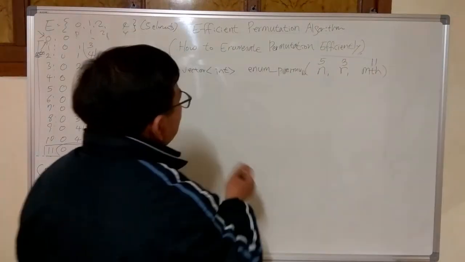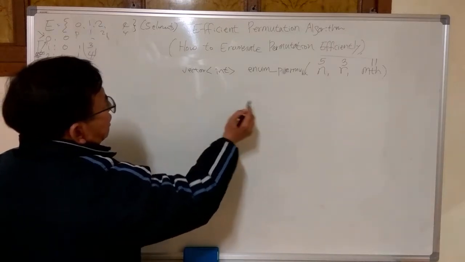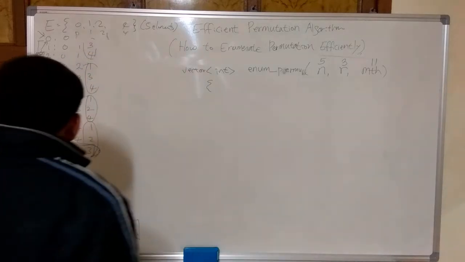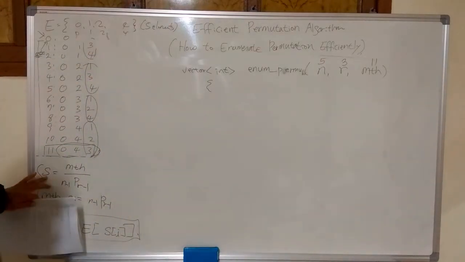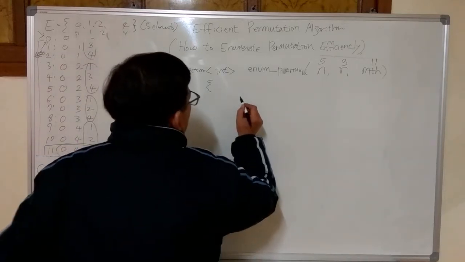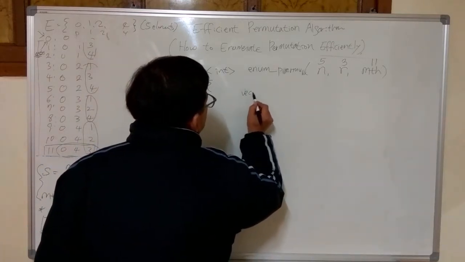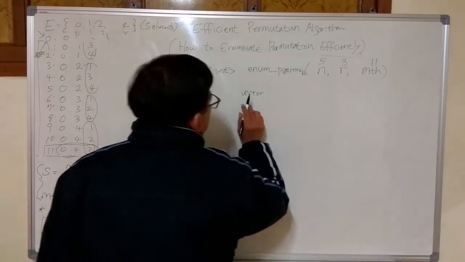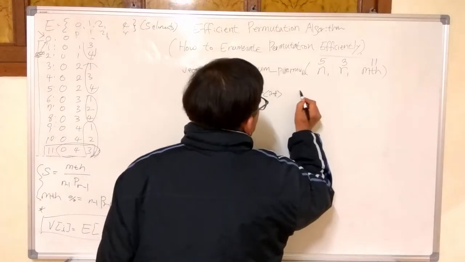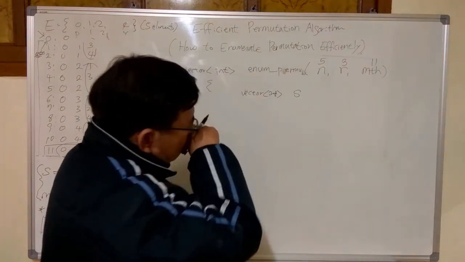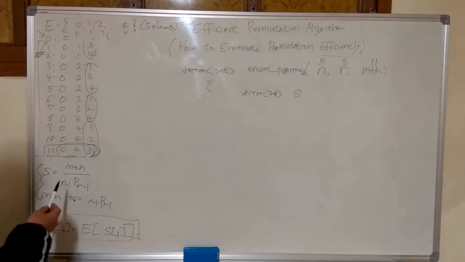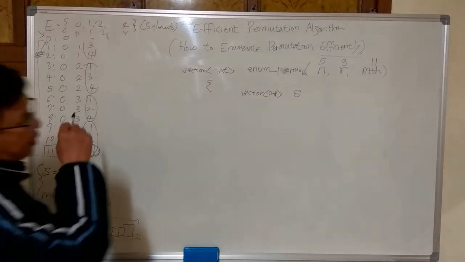If we are making functions like this, then the very first step is to compute this set. This set will be a vector of int. You say S for example. Then how many elements do we need? We need 3 elements, 3 set.